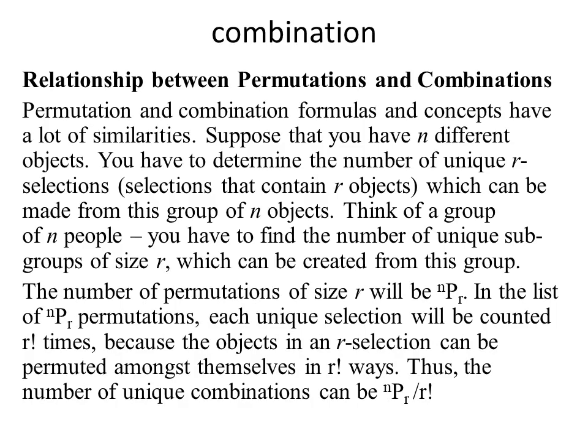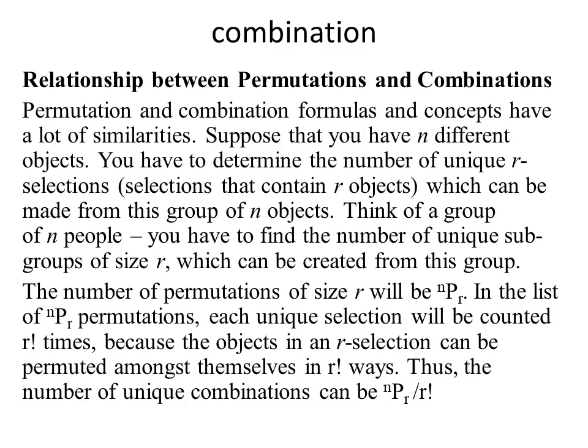Therefore, the number of permutations of size r will be nPr. In the list of nPr permutations, each unique selection will be counted r factorial times, because the objects in an r selection can be permuted amongst themselves in r factorial ways.